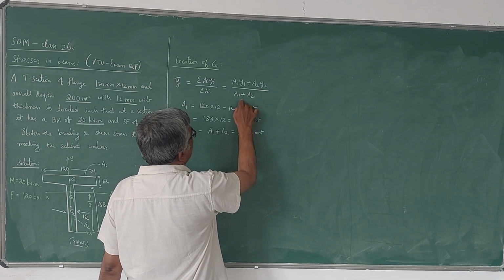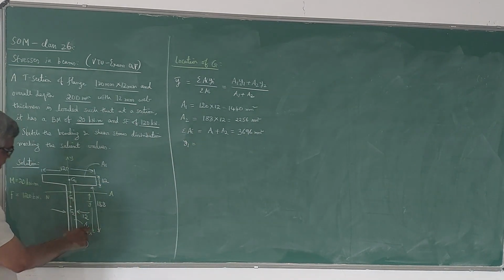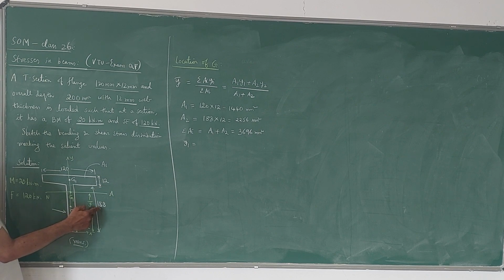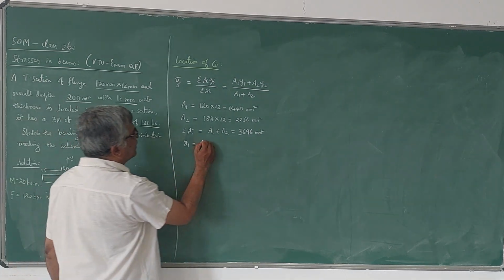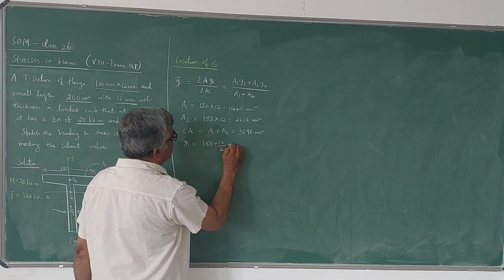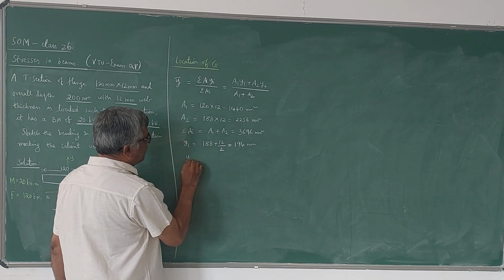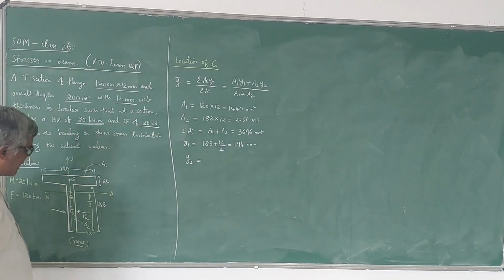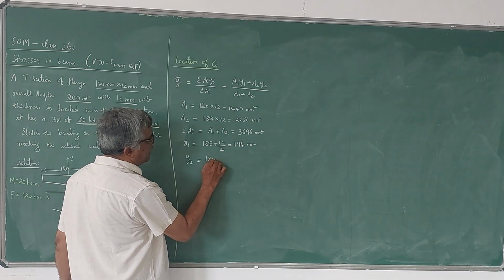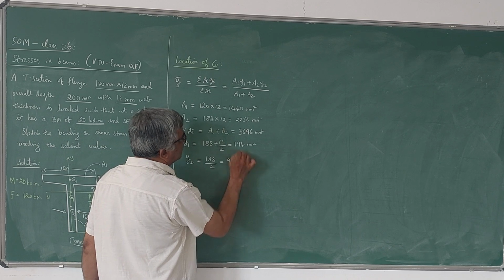That becomes the denominator. Then y1, the distance of G1 from the x-axis, is 188 plus half of 12, that is 6, so it becomes 194 mm. y2 is the distance of G2 from the x-axis, which is half of 188, that is 94. So these are the values.